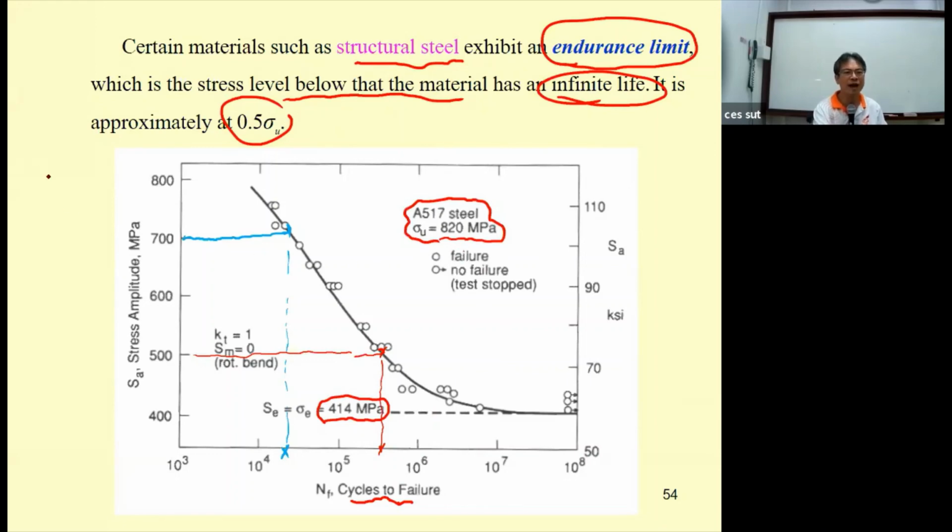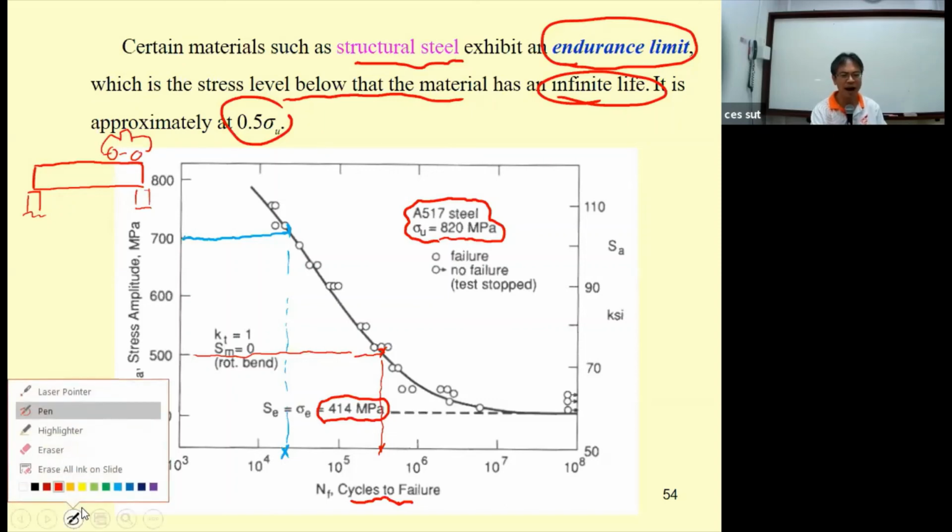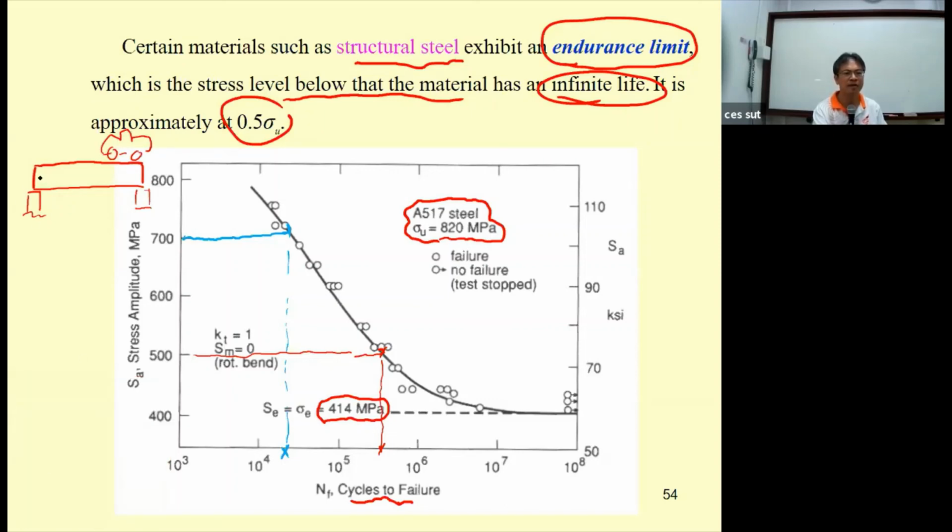Okay, what we have in civil engineering is the bridge. Sometimes we have a steel bridge, and when a car moves onto the bridge, it gets deformed, just has some deformation like this. The bottom is going to be in tension.